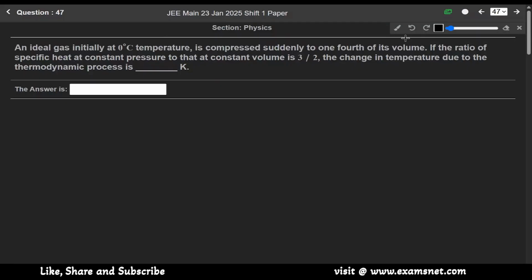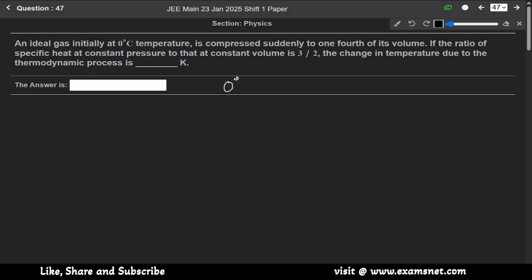Now, next question is 47. An ideal gas initially at 0 degrees Celsius temperature is compressed suddenly to one fourth of its volume. If the ratio of specific heat at constant pressure to that at constant volume is 3 by 2, then the change in temperature due to thermodynamic process is, okay. At first, we are given 0 degrees Celsius temperature means 0 plus 273 equals 273 Kelvin.